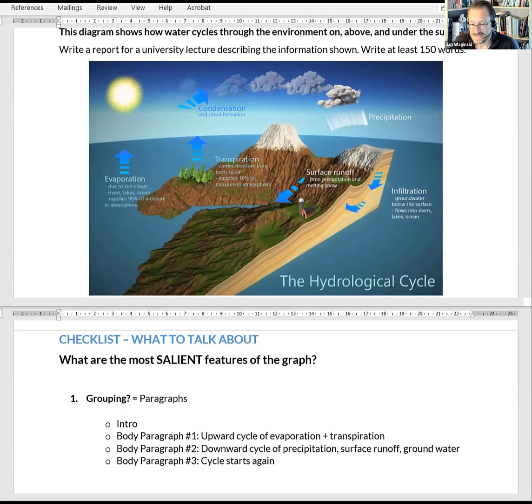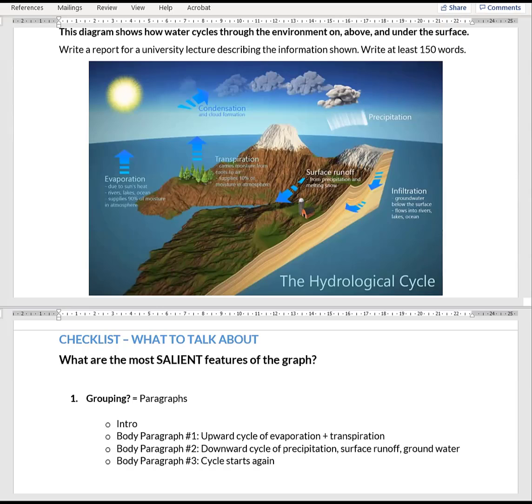Can we put those together? Maybe into two big stages? Yes, I think when the water goes up and when the water goes down. Yeah, that's a pretty easy way to do it.